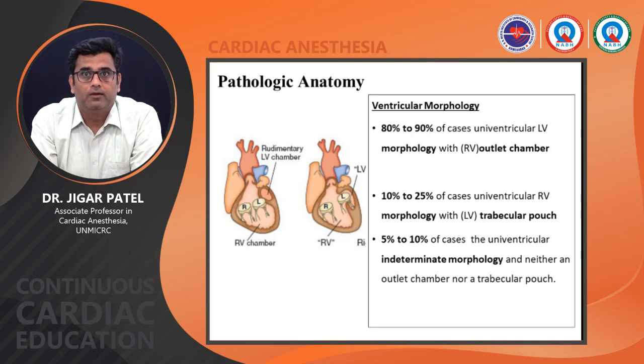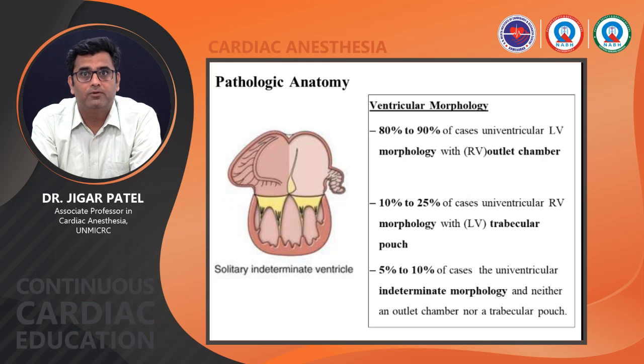The remaining 10 to 25% of cases have an RV morphology with LV as a trabecular pouch, as you see in this image. The LV is a trabecular pouch with a minute cavity. And in 5 to 10% of cases, there is an indeterminate morphology, so there is neither an outlet pouch nor a trabecular chamber.